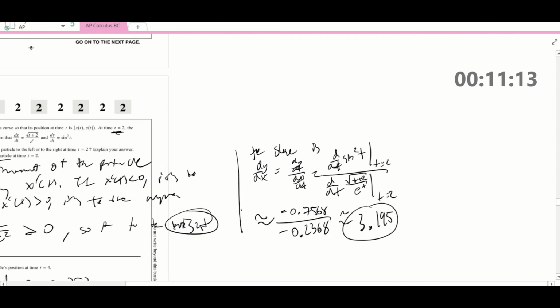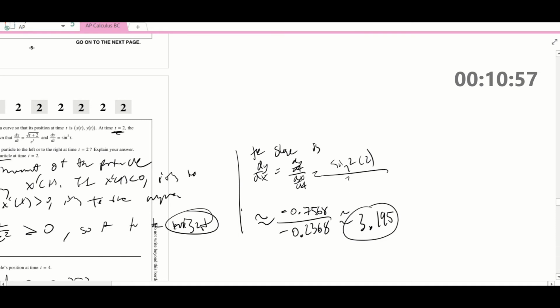And here, instead of this, we have sine squared 2 over 2 over e to the power of 2, which is sine of 2 squared divided by 2 times e to the power of 2, which is approximately 3.054.